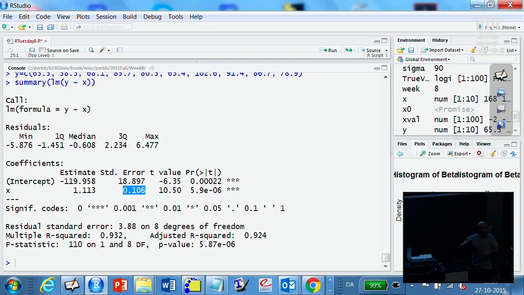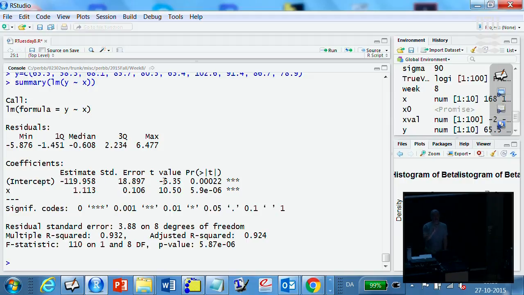That is the sigma hat beta 1, this number. So I could read off this number, and then I could combine it with the t percentile and get the confidence interval. The confidence interval is actually not explicitly spit out to us in this summary. Could be by other means, but not in this summary.